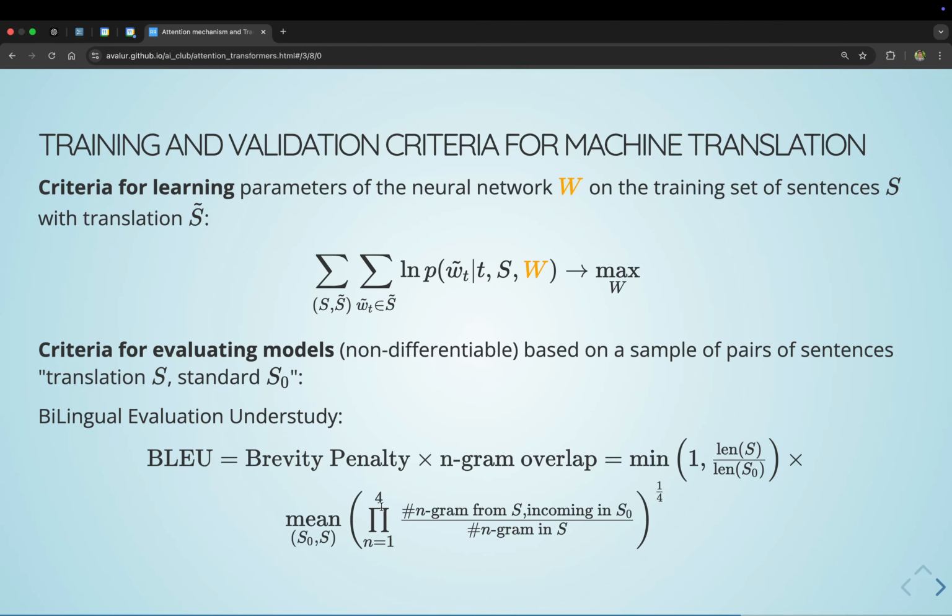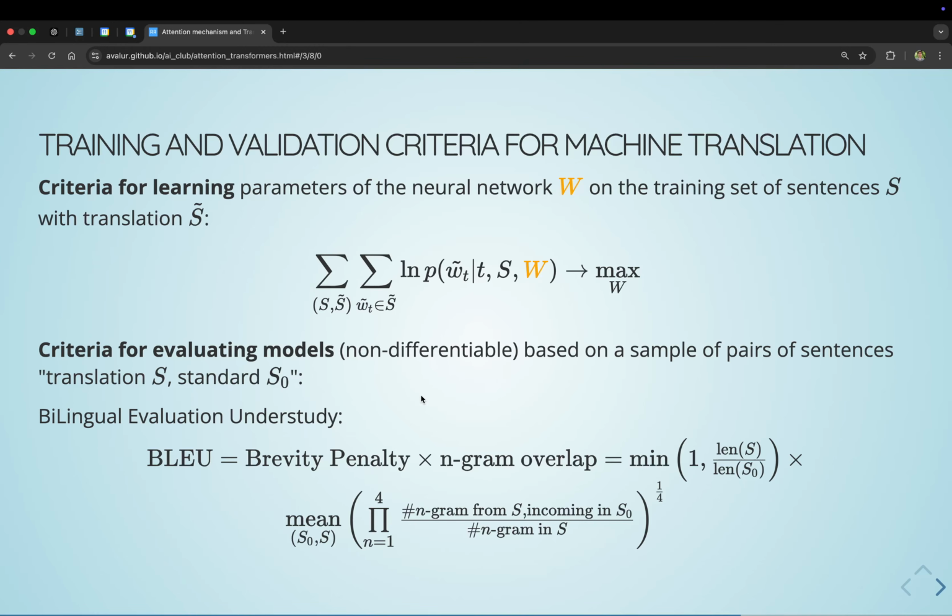The maximum is 4-grams, but we simply count which part of, for example, the bigrams from the result S comes into the reference result S0, and then we multiply all these probabilities P1, P2, P3, P4. The closer BLEU is to 1, the better the model performs according to this metric.